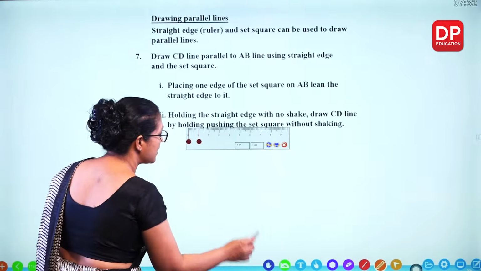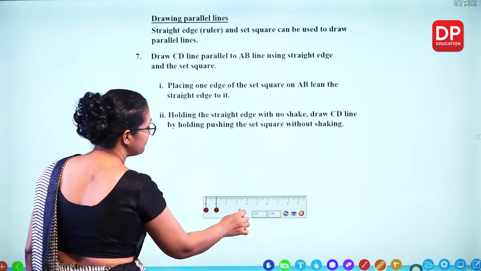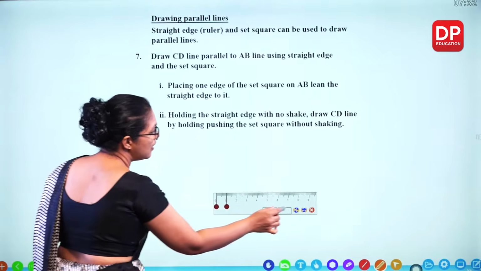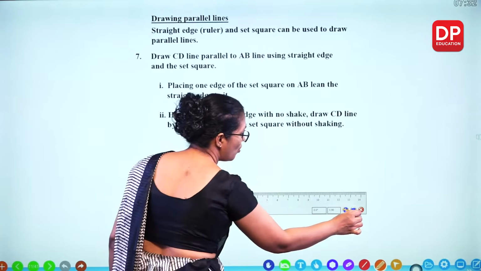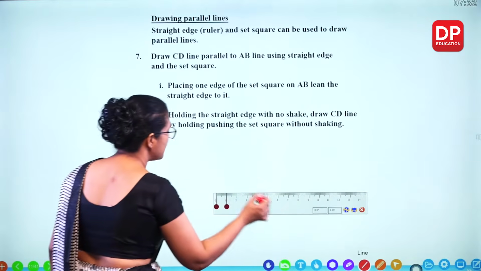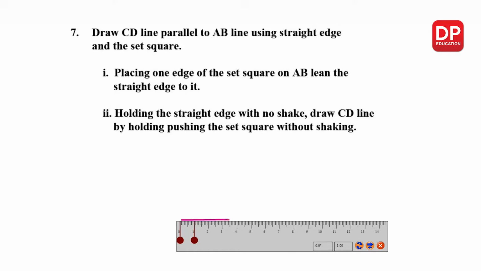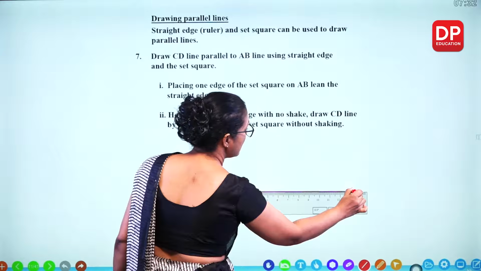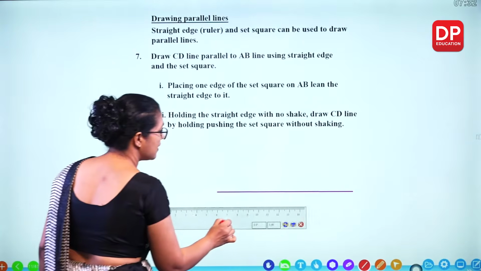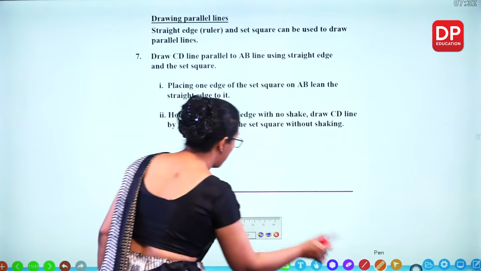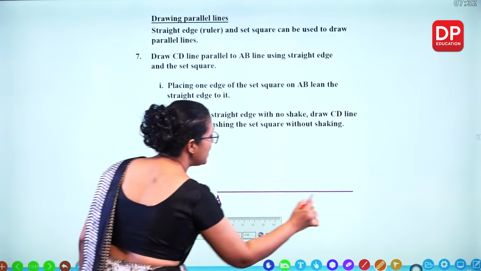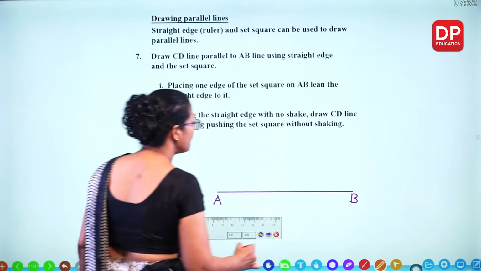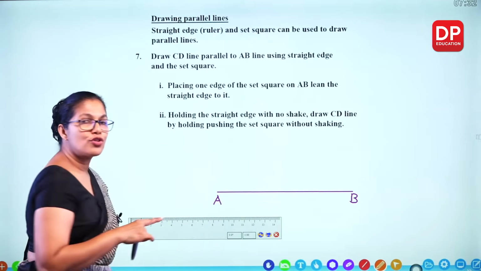First you need to take the ruler and draw a line segment. There's no length given, so you can take any length and label this AB. Now we need to draw a parallel line to AB.